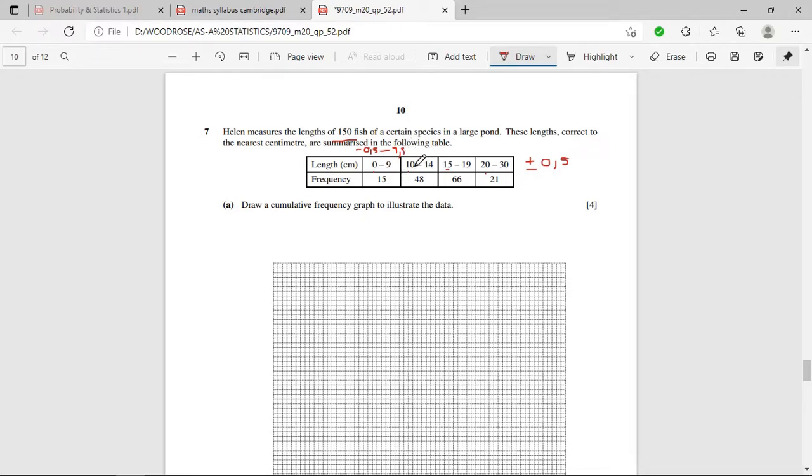And here is the lower limit. We subtract 0.5. What do we get? We get 9.5. So the moment you do this, you'll see that the gaps will be closed, up to 14.5 and so forth. So you have to complete the table.